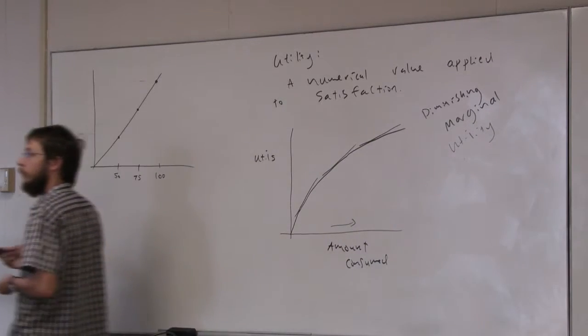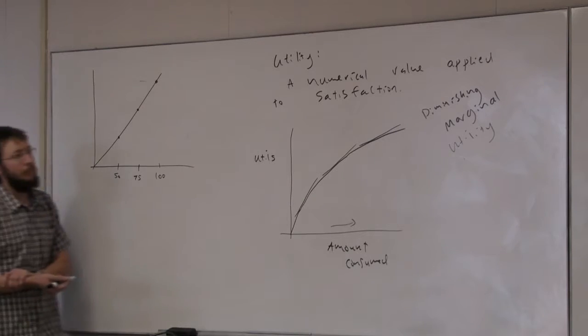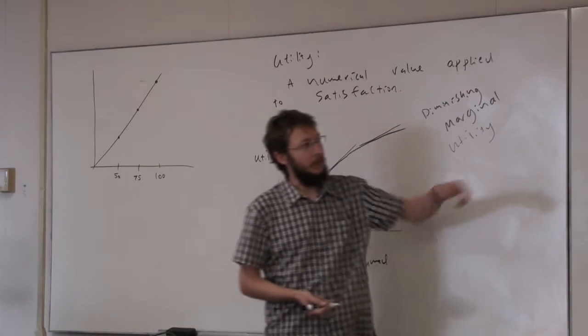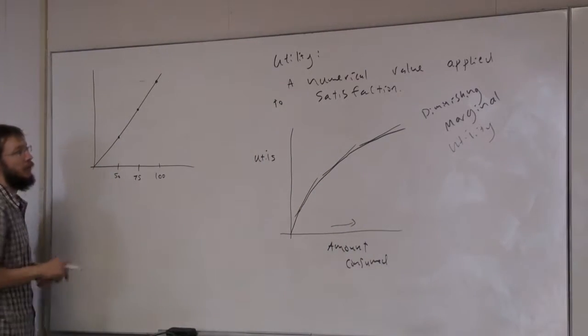It sounds like it's quantifying the emotional response to whatever it is you're consuming. Yeah, exactly. And so that's pretty much exactly where those labels are coming from. But it's great because you can actually quantify it now, right?